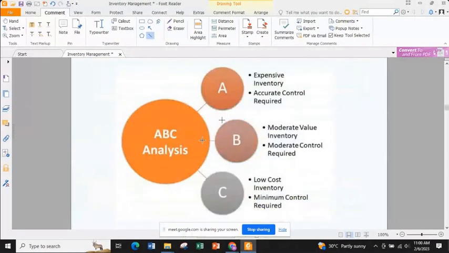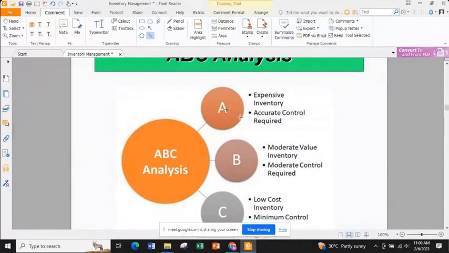Okay, what's the ABC analysis? Normally we categorize A as expensive inventory requiring accurate control, like I mentioned.